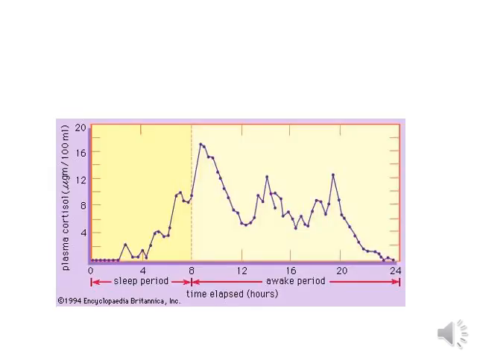Like any other hormones which are under the control of the hypothalamus and hypophysis axis, cortisol has some fluctuation during 24 hours of the day. The highest level of cortisol is in the early morning, for example, 8 o'clock in the morning. But as we go toward midnight, it decreases. So close to midnight, we have the lowest level of cortisol in the blood circulation.